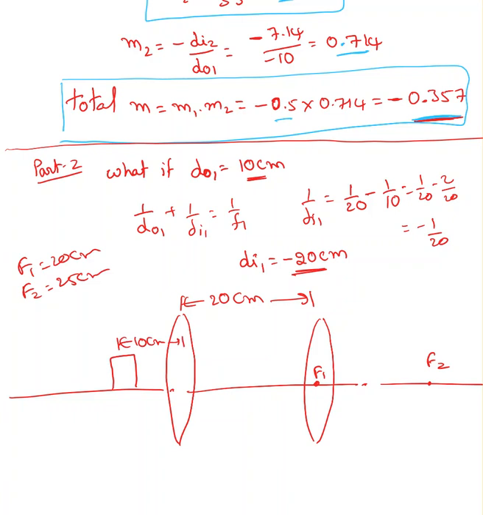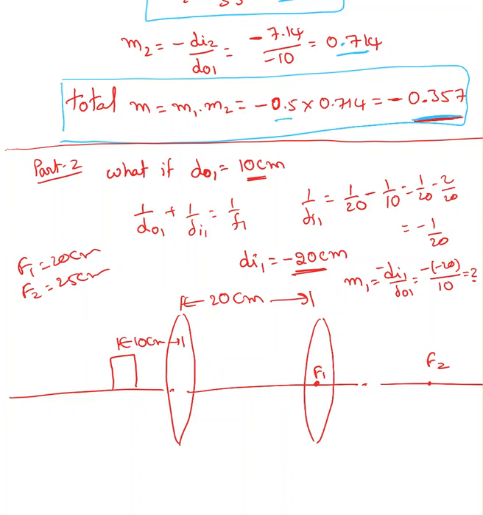Now we end up with image 1 at negative 20 centimeters, and the magnification factor M1 must be minus di1 by do1, which is negative of negative 20 over 10, which is 2. Magnification factor is 2.